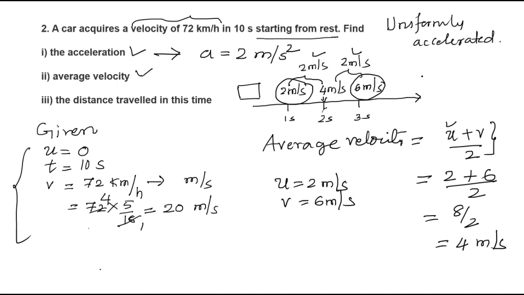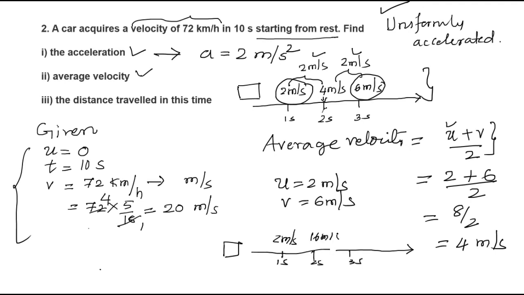What is the condition? The motion should be uniformly accelerated. Other than that, you cannot use this equation. Suppose a body is moving in a straight line, let me draw, consider this is a straight line, 1 second, 2 second and 3 second. If it is 2 meter per second here, suddenly you raise the accelerator, it becomes 16 meter per second, and then it is 1 meter per second.